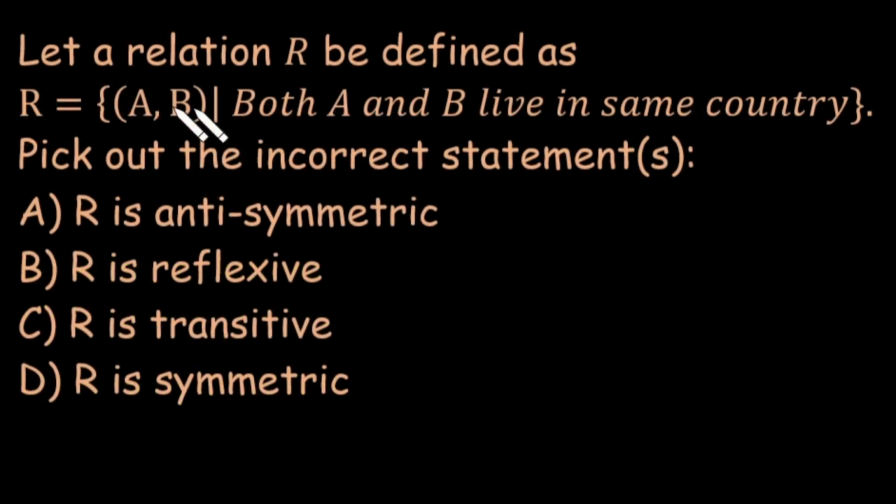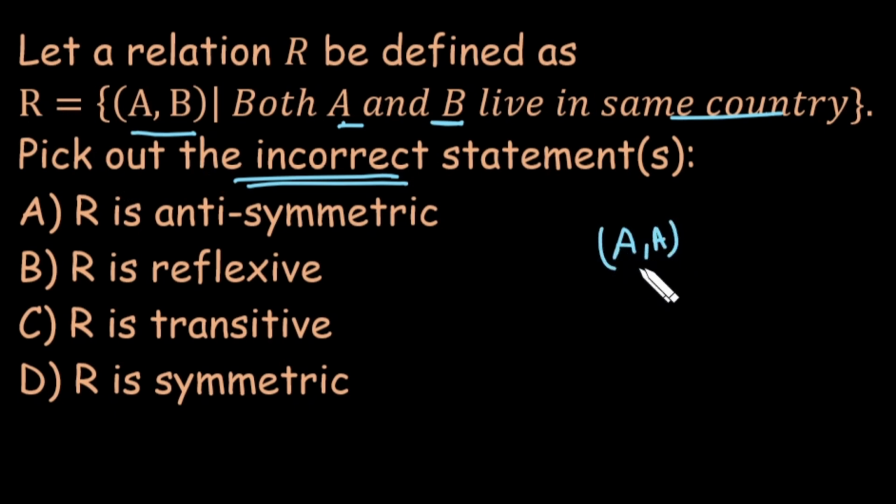Taking the next example, let R be a relation defined as the ordered pair A, B such that both A and B live in the same country. Pick the incorrect option. Whether this is reflexive, transitive, antisymmetric or symmetric. If A and B live in the same country, we take that ordered pair in the relation. Is it reflexive? Yes, A and A live in the same country.